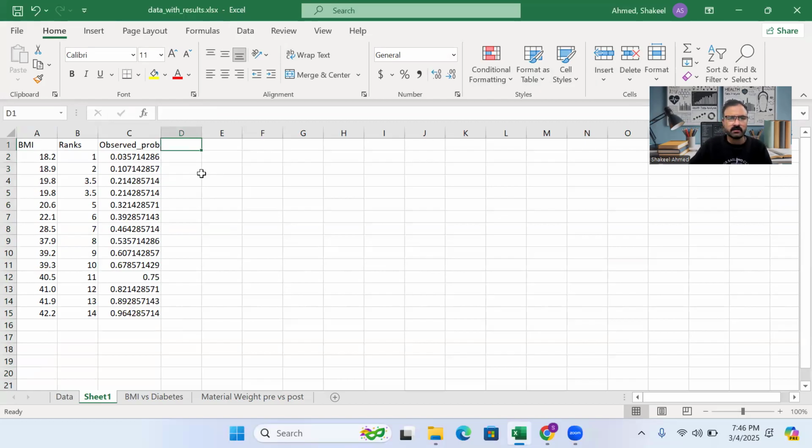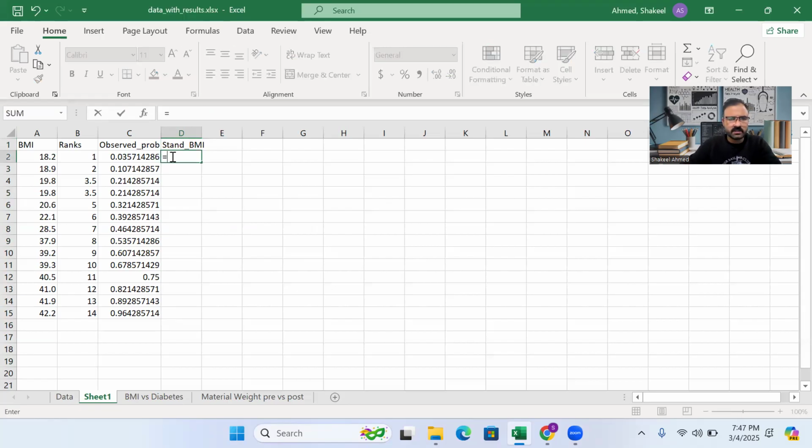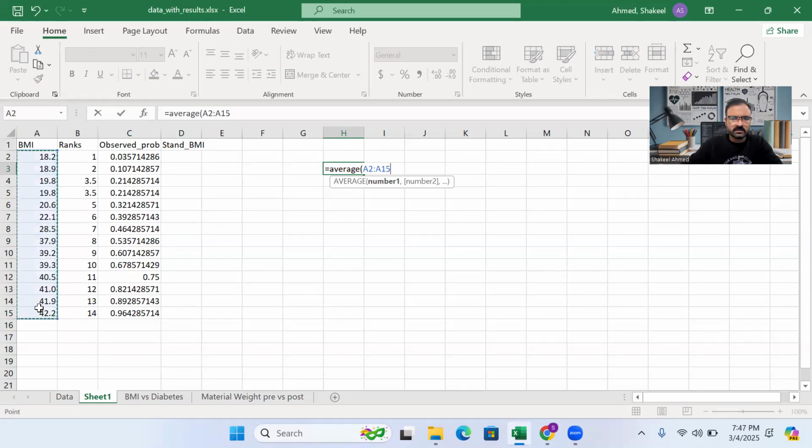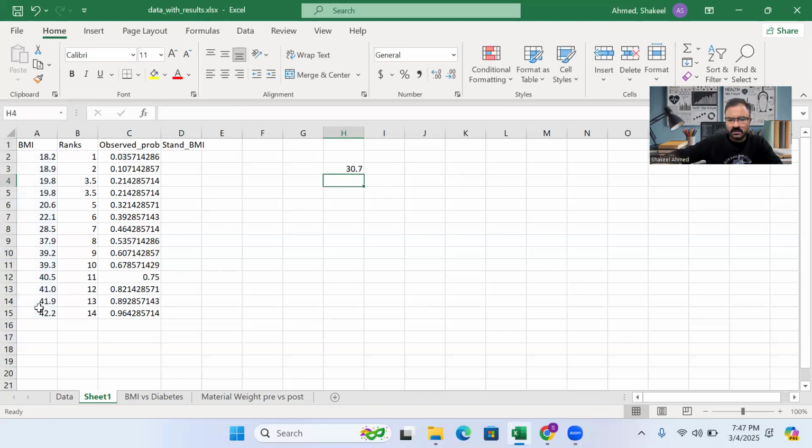Now we will find the theoretical probabilities. So we need to first find the value of z, using standardized BMI. That is, what is the standardized BMI? We need to first find the mean and standard deviation of the data. You can find the mean as the average and select these observations, and you can find the standard deviation.